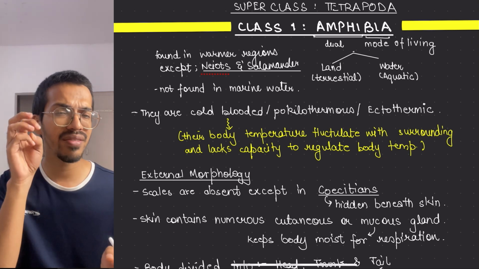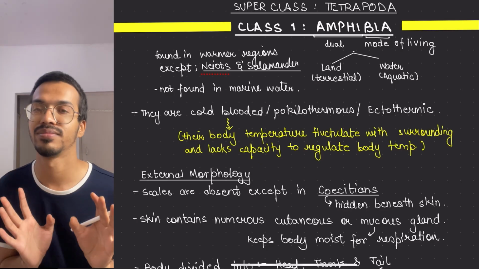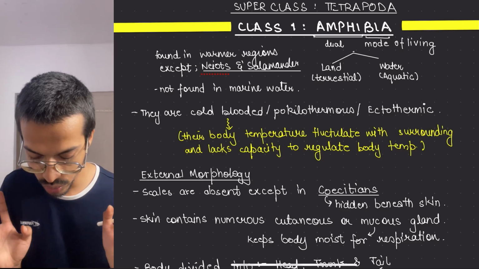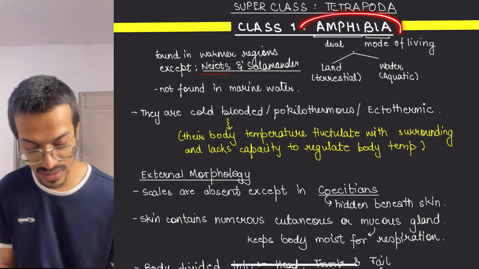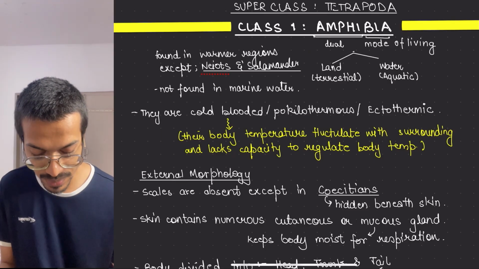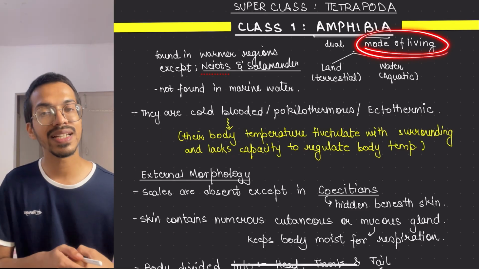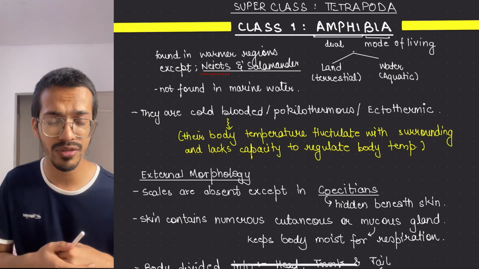Now remember, whenever the word Amphibia comes, your mind should have a frog. So frog belongs to this class. In Amphibia, the word amphi means dual, two, both, and bios means mode of living, meaning it has a terrestrial mode of living and an aquatic mode of living.